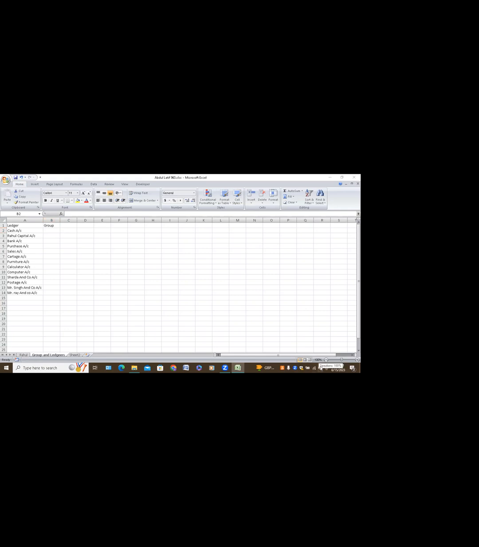So tell me, cash comes under which group? See the notes that I have sent you in the WhatsApp group and tell me, cash comes under which group?